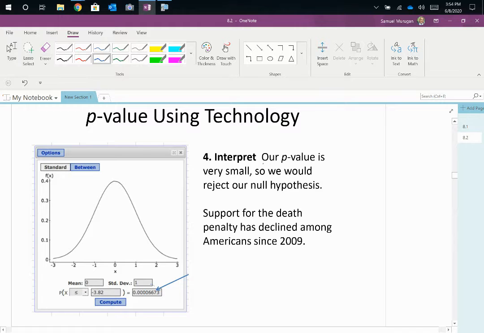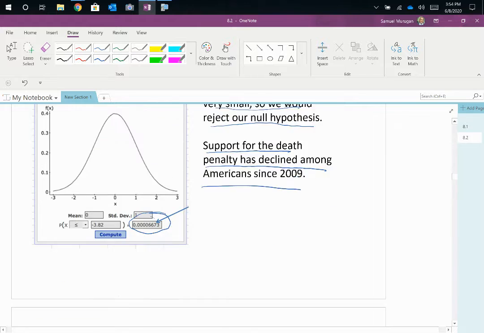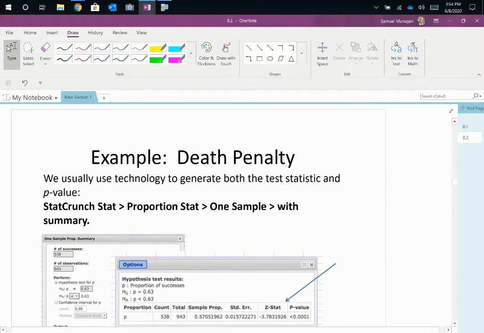Now, when we use the technology, we see that this p-value is very small, so we would reject the null hypothesis. If you reject the null hypothesis, you're saying that support for the death penalty has declined. If you're rejecting the null hypothesis, then you're agreeing with the alternative hypothesis.